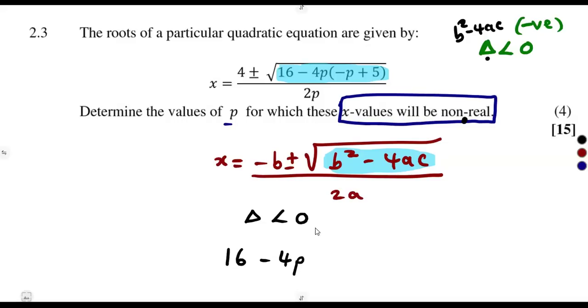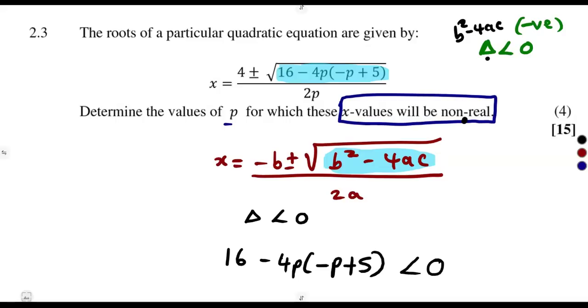We're just repeating it as it is, minus 4p times minus p plus 5, but it is less than 0. Meaning to say, we have formed an inequality from this statement.